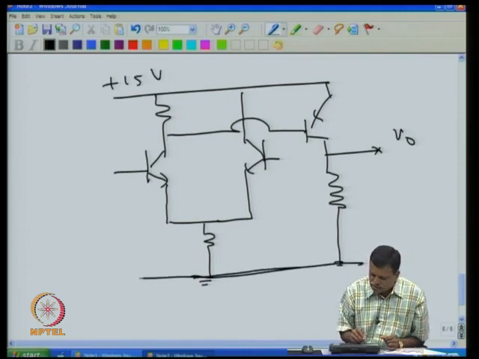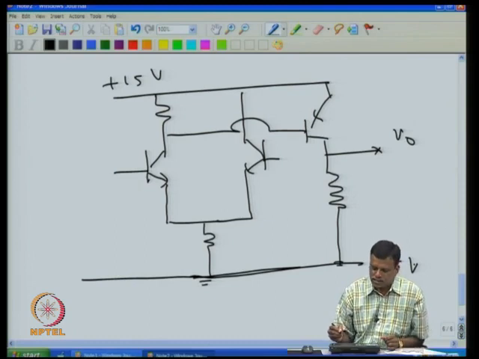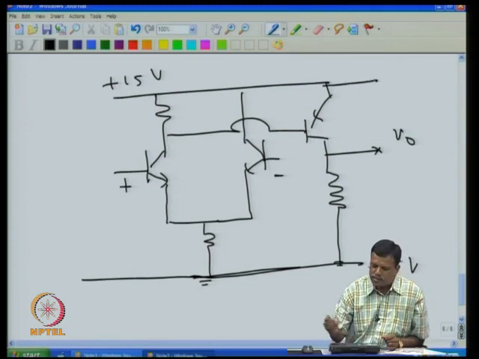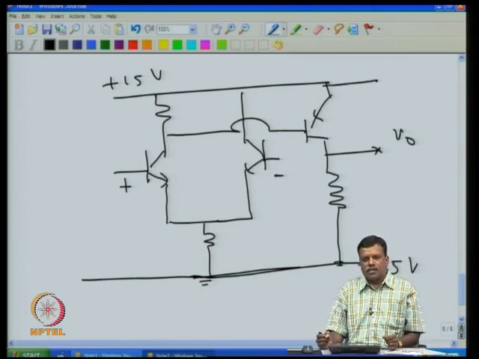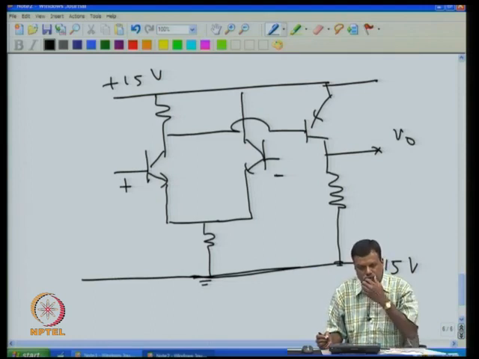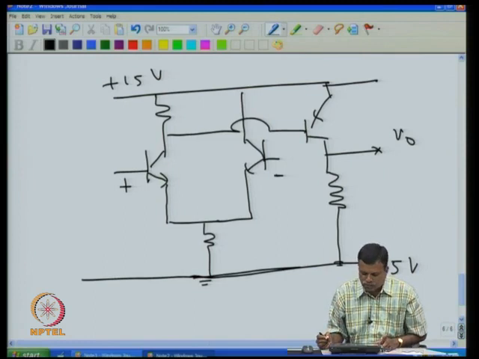So I am showing plus 15 and minus 15 for the transistor equivalent. This is the output, this is the plus input of the op amp, and this is the minus input of the op amp. This is the op amp equivalent that was developed during the Second World War.